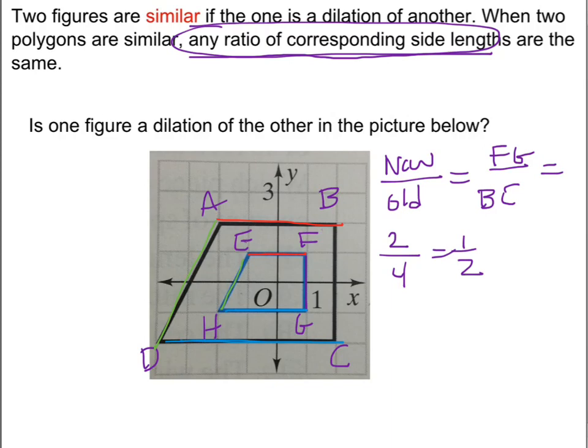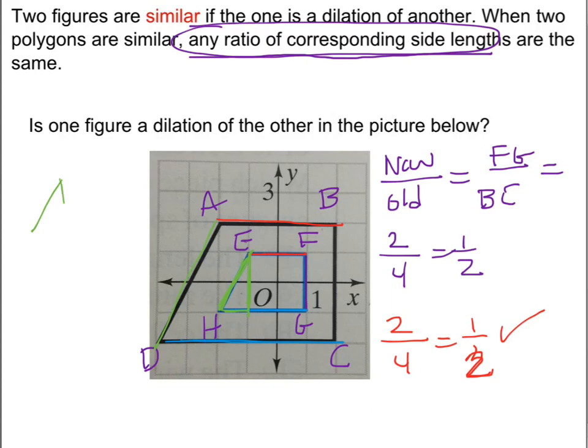Let's start with the red. In the new one, EF is 2 units long, and AB is 4 units long, so that's 1/2, that's good. All right, let's check the green side I labeled. This is a little trickier because we'd have to use the Pythagorean Theorem to find out what that side length is.